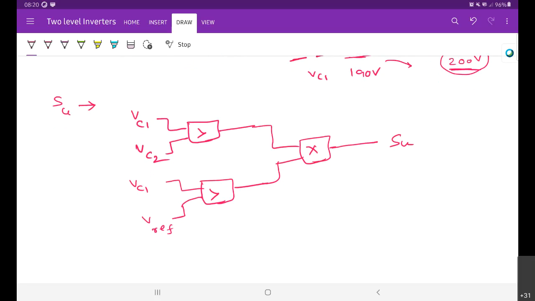Let us take a simple example. Let us assume this capacitor voltage VC1 is 190 volts, and VC2 is 180 volts, but your overall reference is 200 volts.